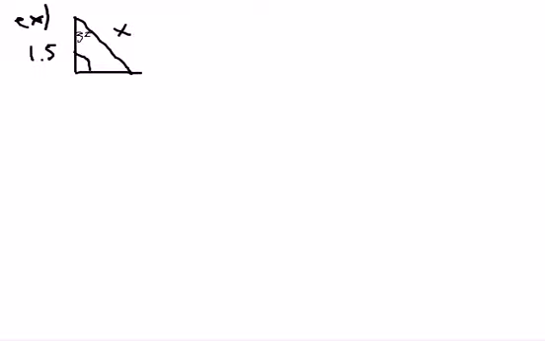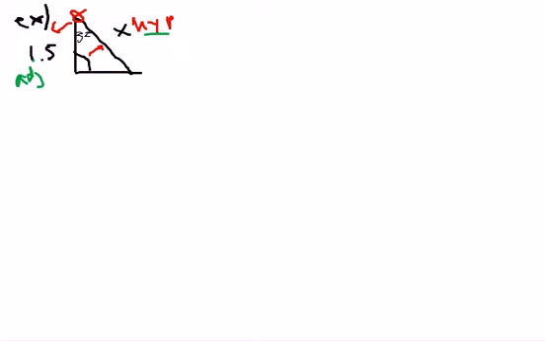Alright, so first thing you need to figure out is what is your hypotenuse and what is not. Hopefully you can look at this and know, hey, this is a cross, therefore this is my hypotenuse. Also, this is your theta right here. So if your theta is right next to it, that makes this one your adjacent.